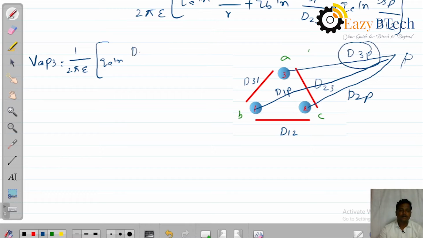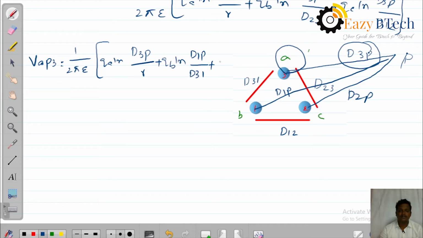Therefore, D3P divided by A to A distance is R, plus QB ln. The distance from B to P is D1P. Therefore, D1P divided by the distance from B to A now. B to A is D31.